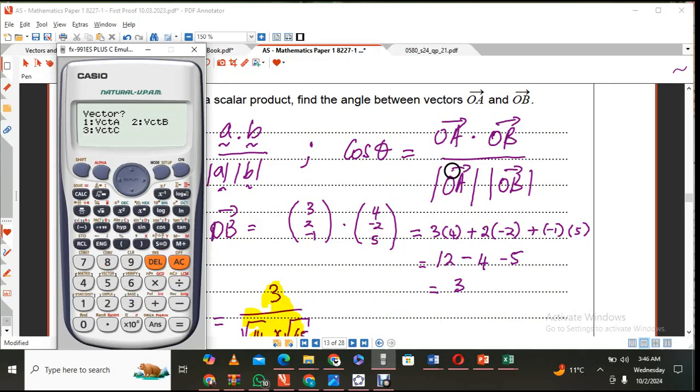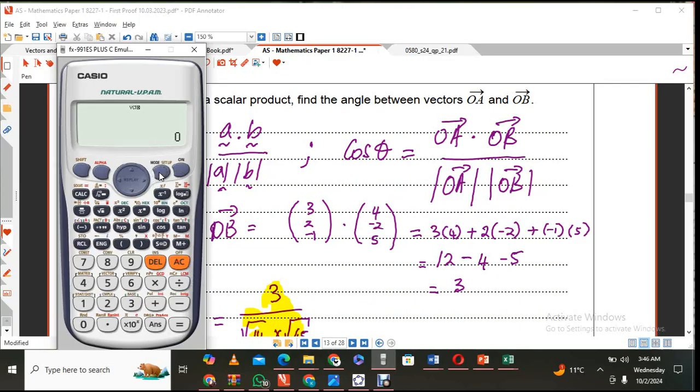Then I'm going to decide that vector OA is going to be represented by vector A, so I'm going to hit 1. And it's a vector in 3 components, so choose 3. I'm going to enter those components: 3, 2, negative 1. Then you can say all clear.